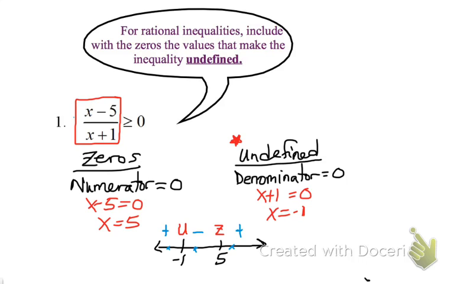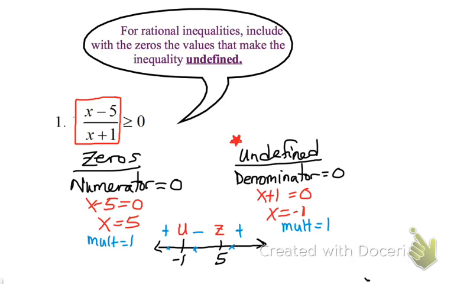You can also use the multiplicity of the zeros and the undefined values. This x equals 5 has a multiplicity of 1, and this x equals negative 1 has a multiplicity of 1. Multiplicity equals 1.